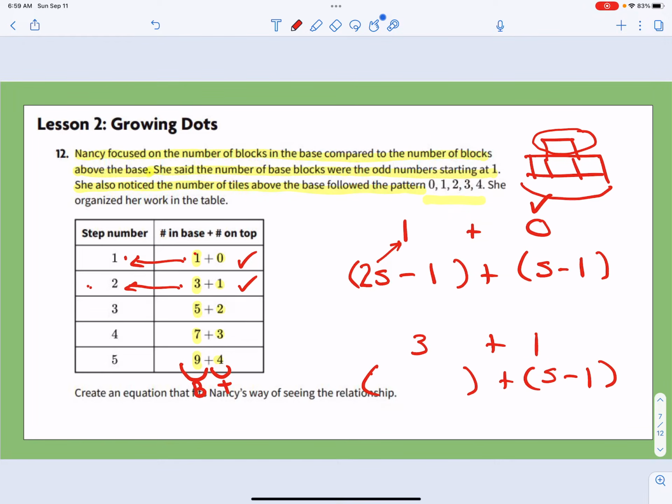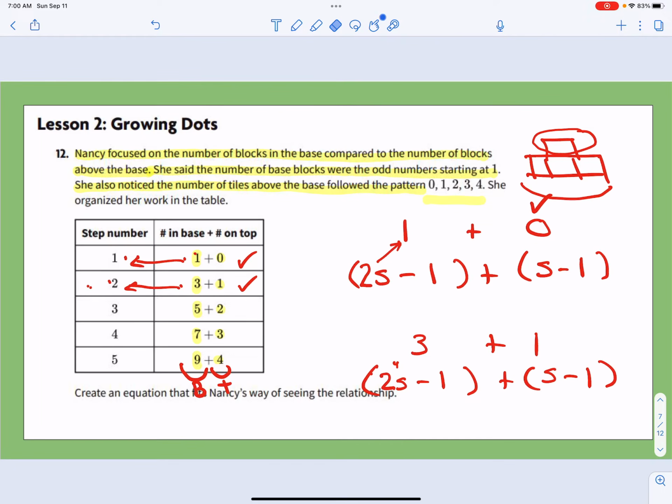Now I'm at 1. Does that work for this one? I want to get to 3. So 2 times the step number. The step number here is 2. So 2 times 2 is 4, right? And if I subtract 1, do I get to 3? I do. So this part is really odd.